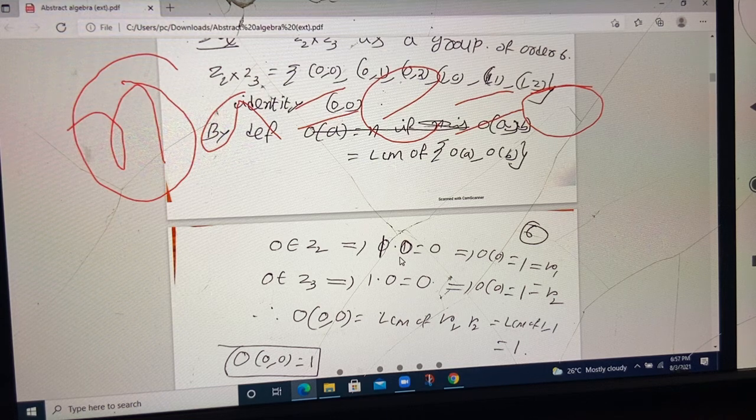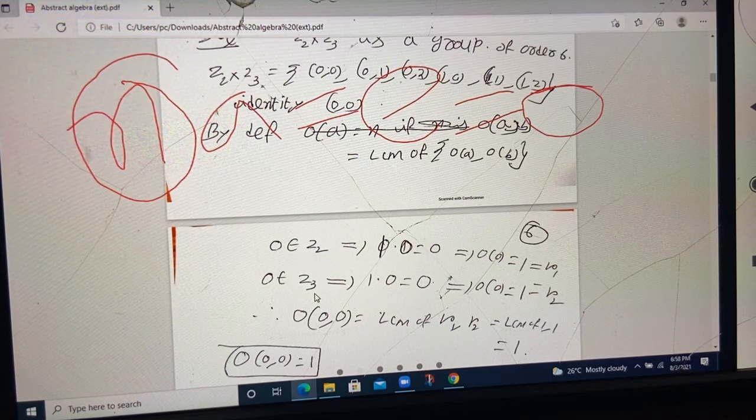For 0, n into 0 is 0, but the order should be a positive integer, so start with 1. 1 into 0 is 0, 2 into 0 is also 0, 3 into 0 is also 0, but the least is the first, 1. So the order of 0 is 1, which is r1.